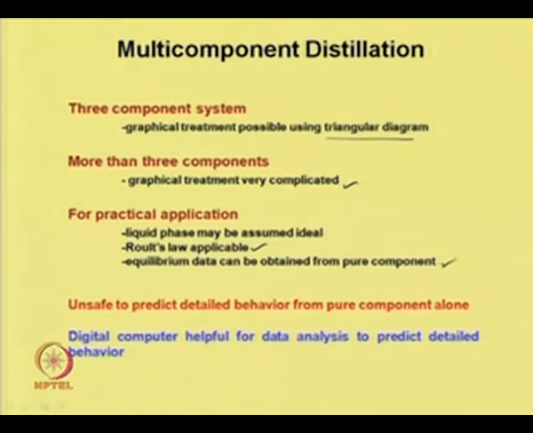This is what we do in most practical applications, but it is unsafe to predict detailed behavior from the pure component data alone or from the binary systems. In this case, for rigorous calculations, digital computers are helpful for data analysis to predict the detailed behavior.